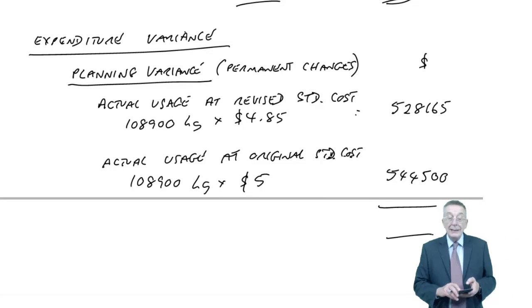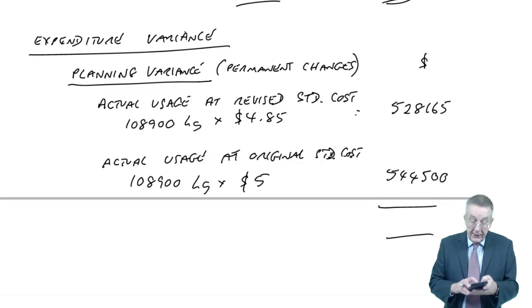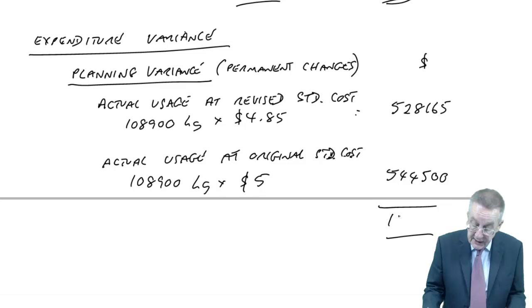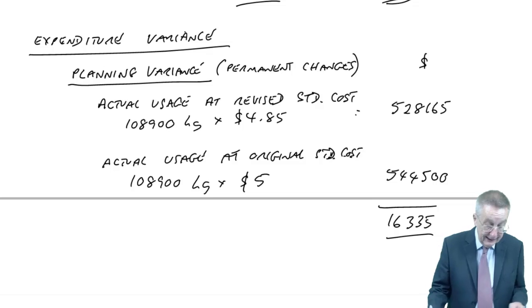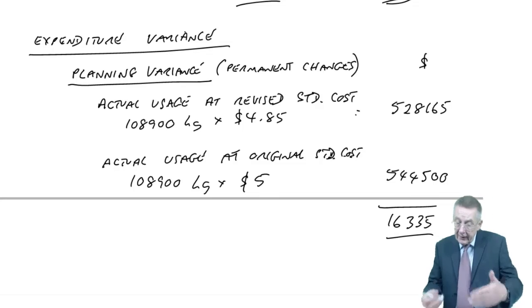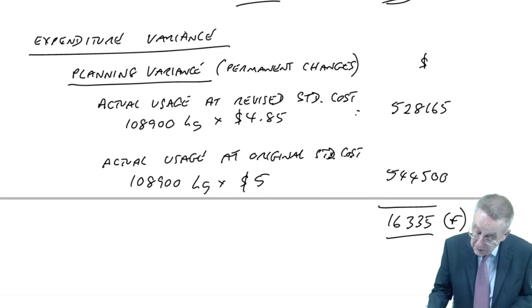and therefore the planning expenditure variance is the difference of 16,335. Favourable or adverse? Well, the revised figure turns out it's lower than the original, so it's favourable.